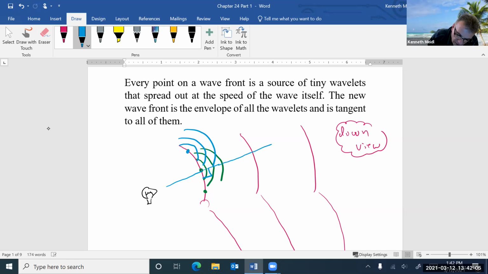And then it goes through here at right angles, and then it goes through here at right angles. And so that ray right there is perpendicular, right? Tangent, perpendicular to the wavefront.